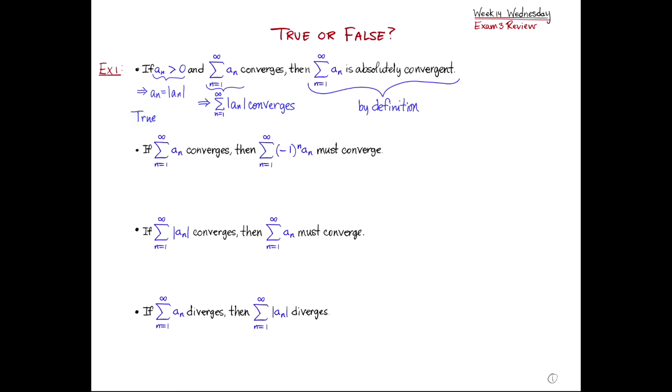In the second one, if the sum from n equals 1 to infinity of a sub n converges, then the sum from n equals 1 to infinity of negative 1 to the n of a sub n must converge. This is false. To prove something is false, all we have to do is give a counterexample.